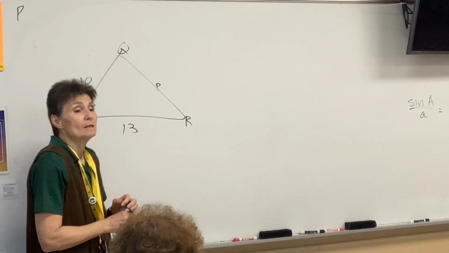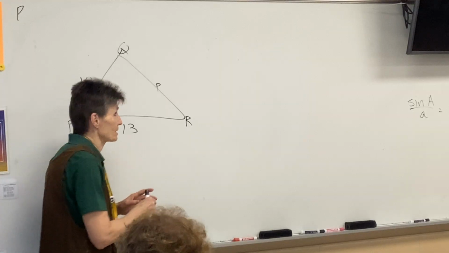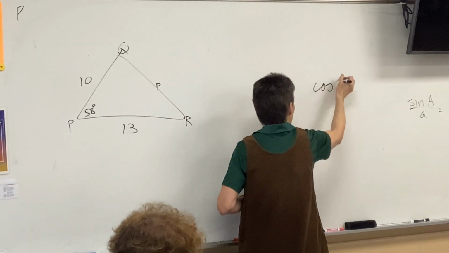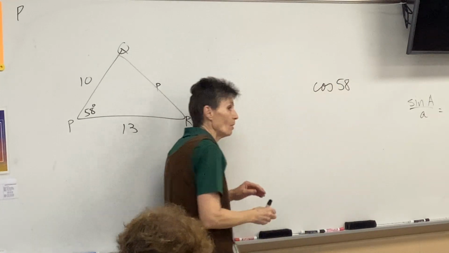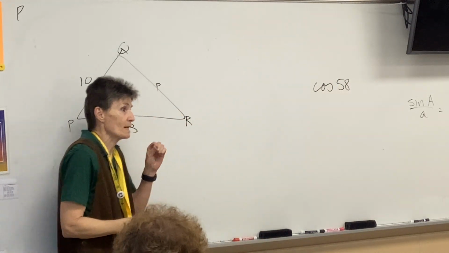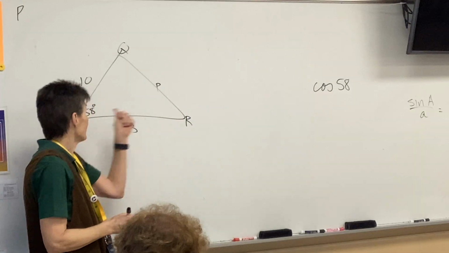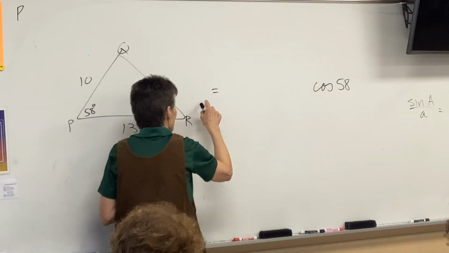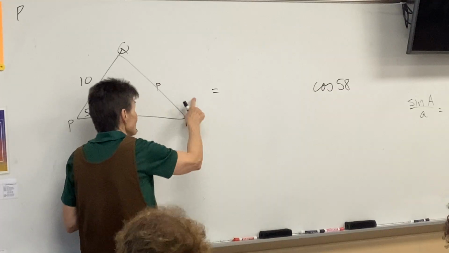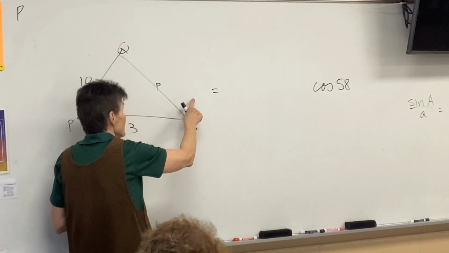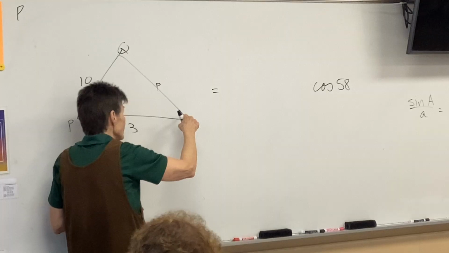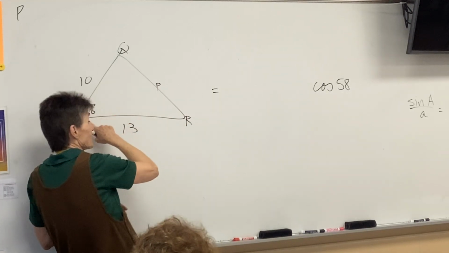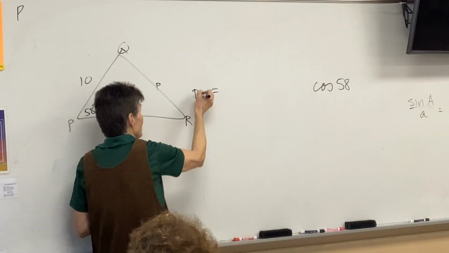The way the law of cosines works, on one end goes the cosine of the angle. It is called the law of cosines. So cosine 58. On the other end, all by itself, is the side squared that goes with that angle. So that's angle P, so this is going to be P squared.